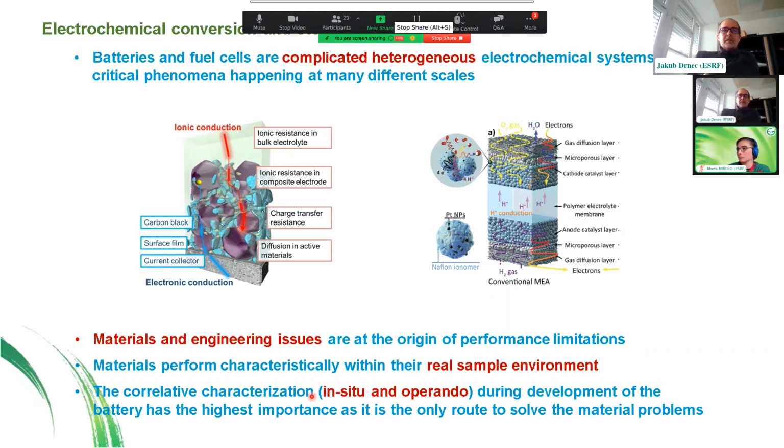And of course, here, the correlative characterization, in situ and operando and multimodal, like for example in the REMAKE project, where we combine not only multiple techniques, which can cover multiple length scales, but also different probes, which is a really unusual approach in this field, and for sure for recycling. But those things are really key to understanding the processes in these devices, how to make the materials better, how to recycle them, and how to get into a circular economy.